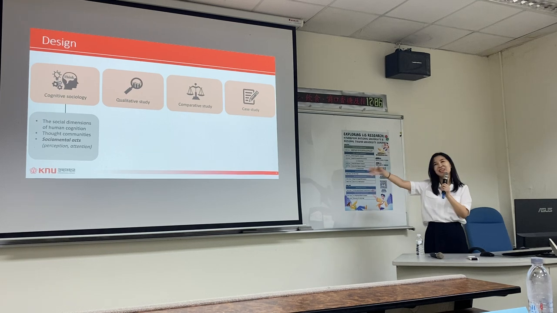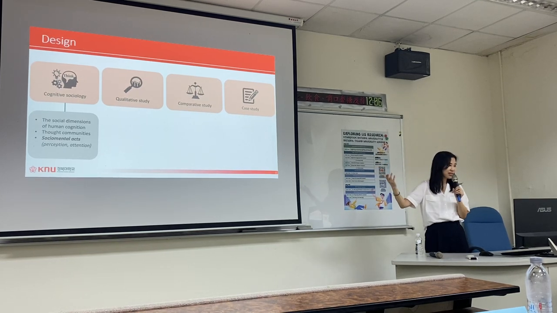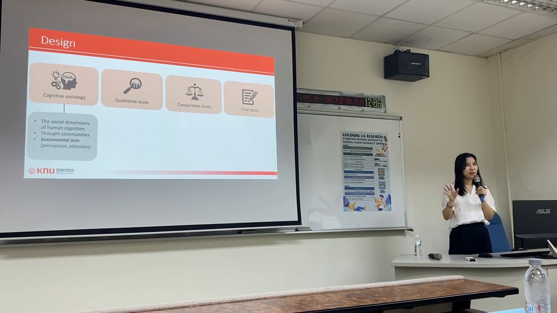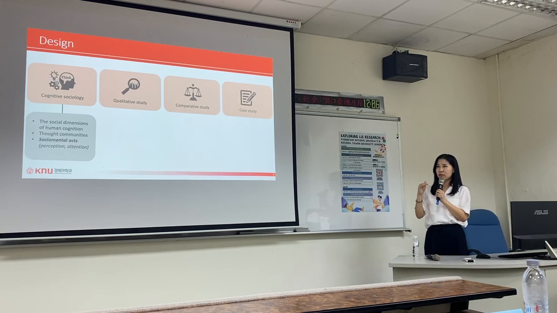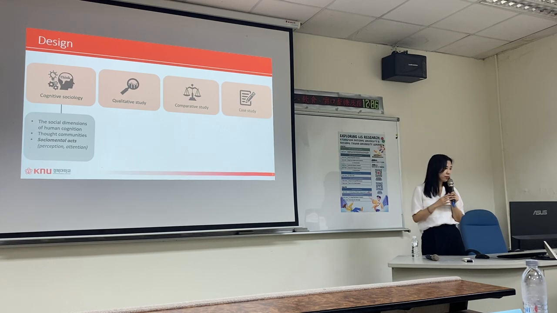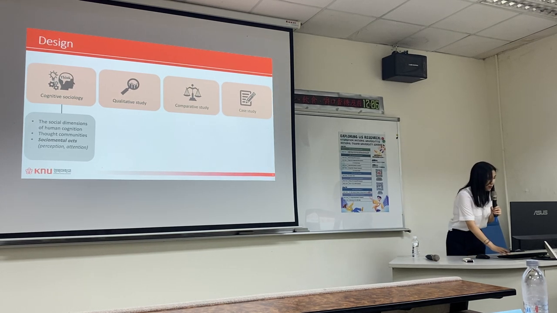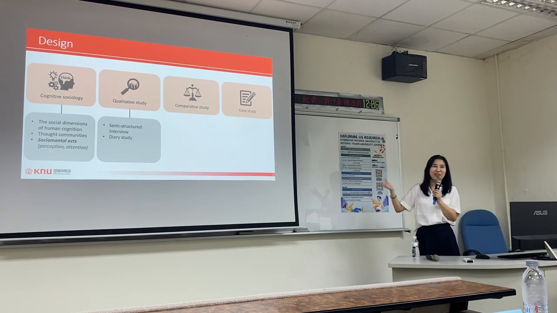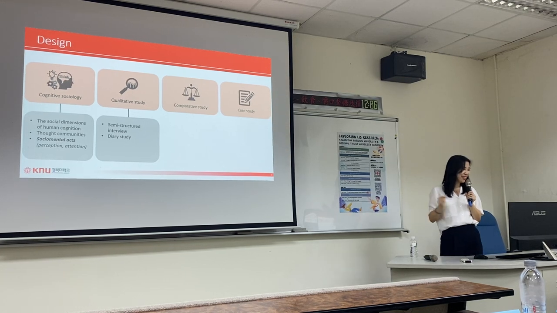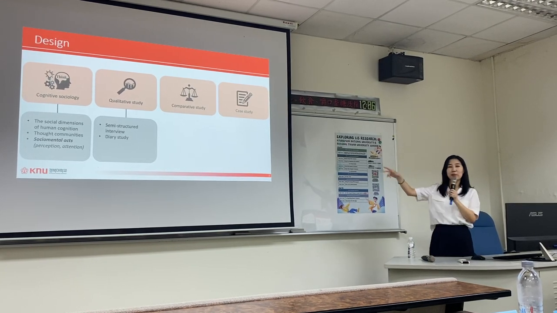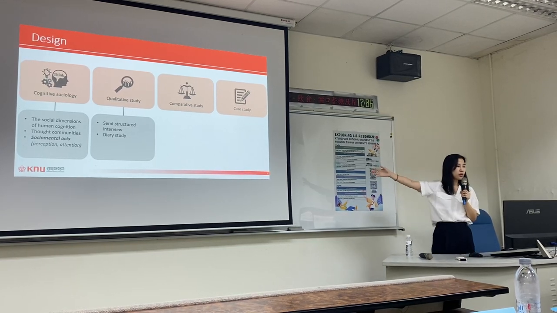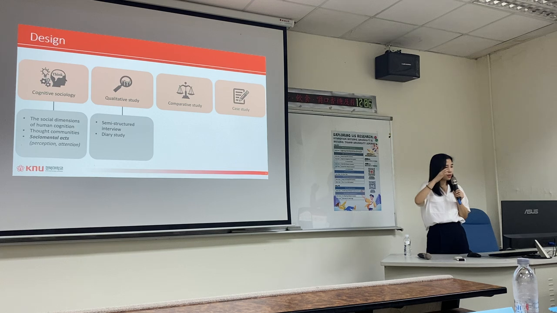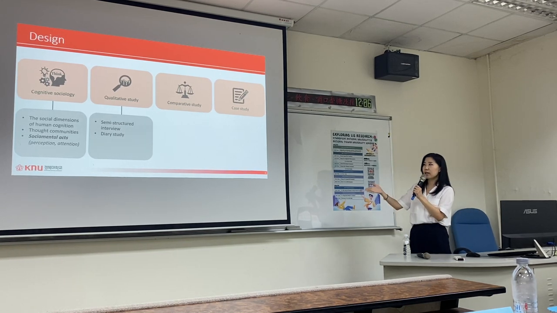I used those concepts from cognitive sociology to articulate the relationship between social context and the individual's behavior with respect to task-based information seeking. It's a big theory, and I can't explain every single thing in this session, but those are the keywords I chose for the study design. It was a qualitative study, because I used semi-structured individual in-depth interviews as well as a diary study.